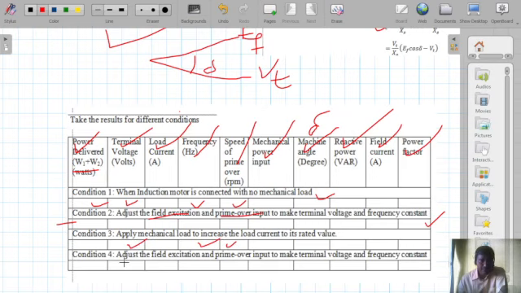And to maintain them again at their rated value, you have to adjust the field excitation and prime mover input. Okay, so you need to fill up this table carefully, and this delta has to be found out. So that is the experiment.